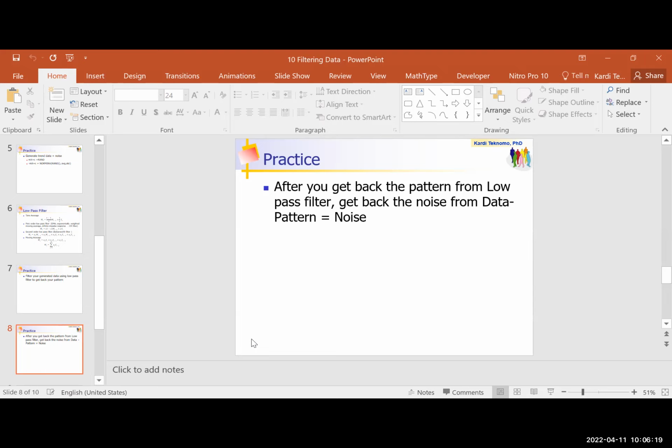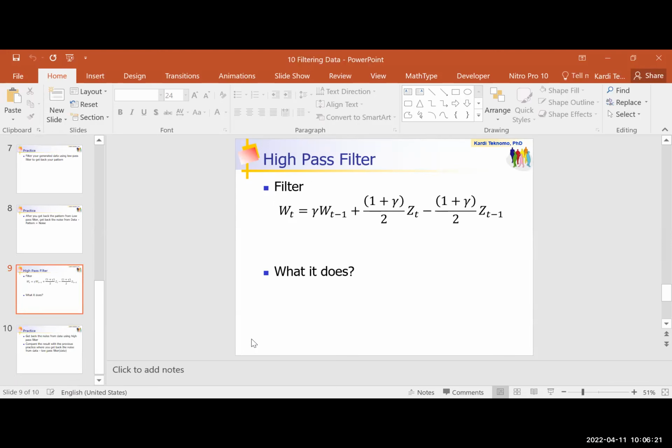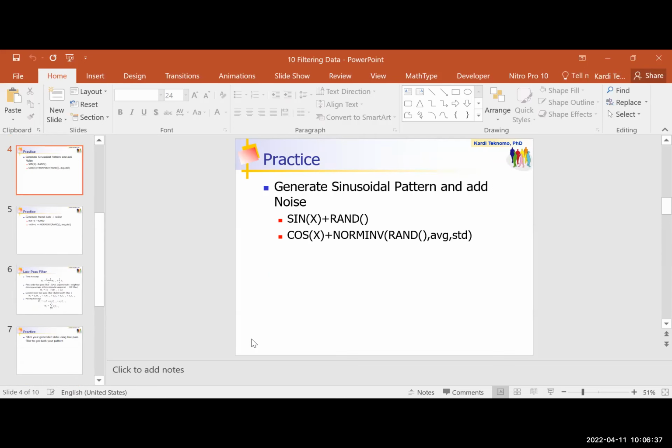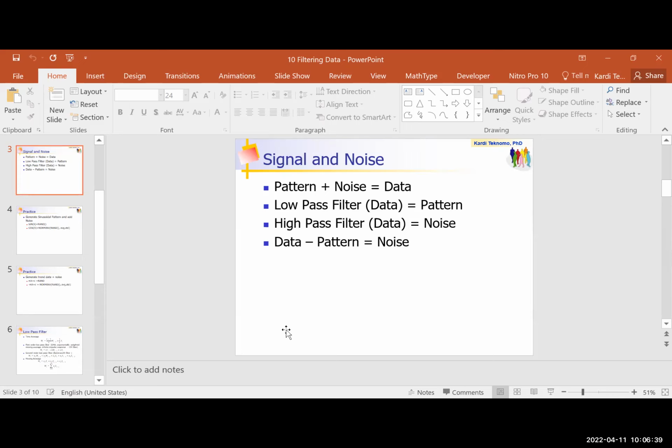Another way is called high pass filter. Remember our mantra here: high pass filter of the data equals noise.